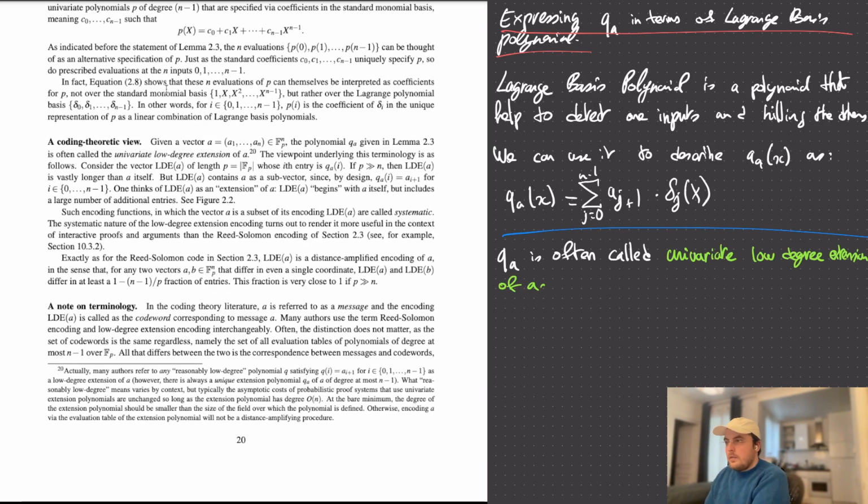Low degree is because the degree will be n and not p or something, and n will be largely inferior to p. So this polynomial will be an extension of your base vector because it creates new inputs out of this vector.